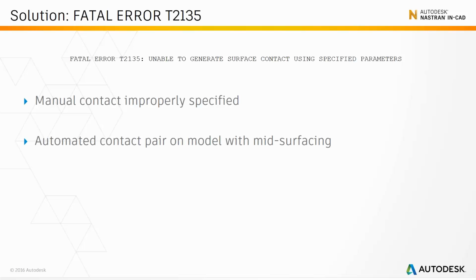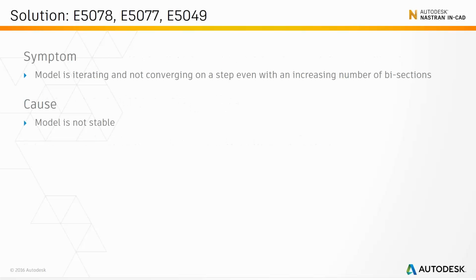Maybe you used mid-surfacing of thin-walled structures to define the geometry, but for one reason or another, the contacts aren't defined correctly in relation to one another. Realistically, this is telling you to go back and look at those contact surfaces, ensure that the contacts have been defined correctly, and then rerun and check them.